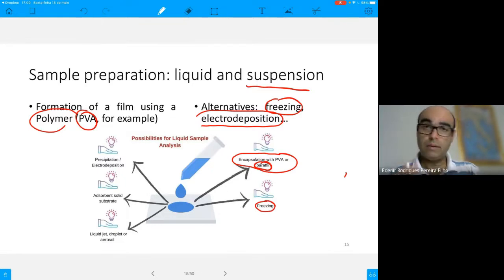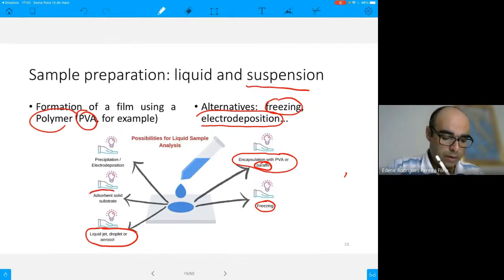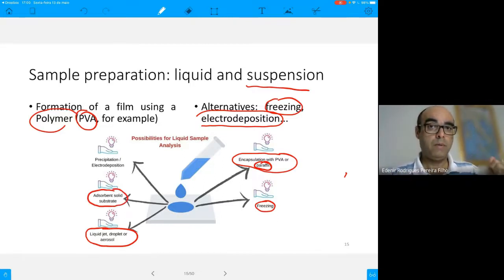We can also prepare a liquid jet and focus the laser on this jet. We can adsorb the liquid sample in carbon, for example, in wood or bamboo, or we can precipitate or perform electrodeposition of the liquid sample.